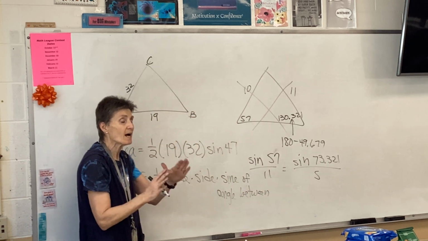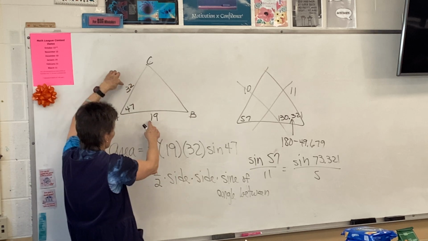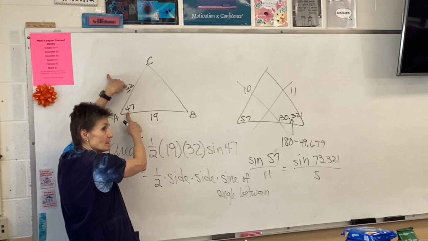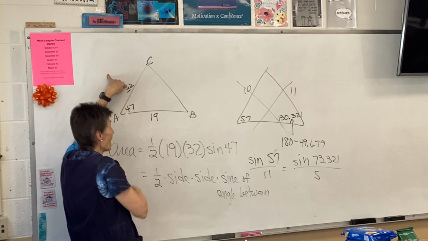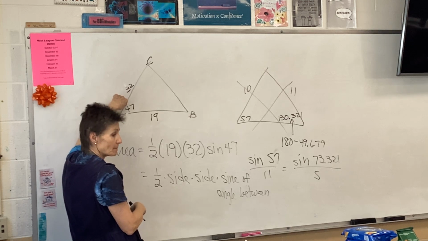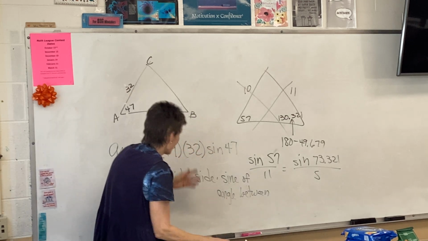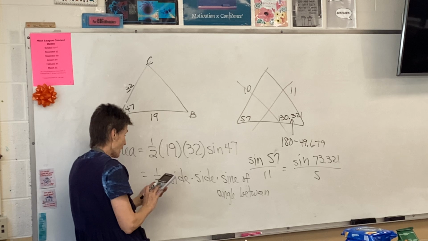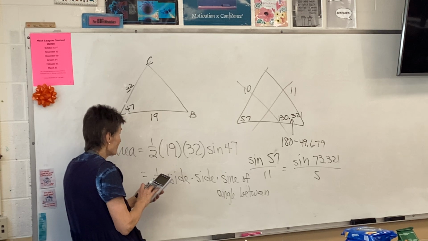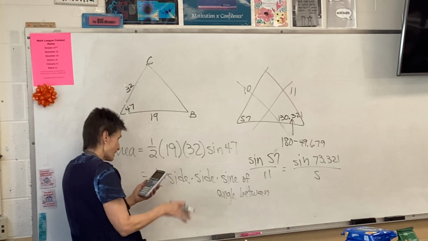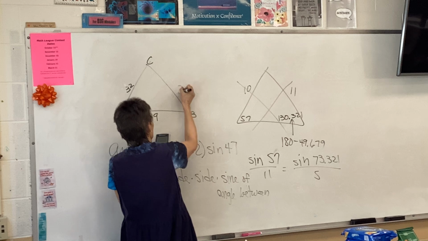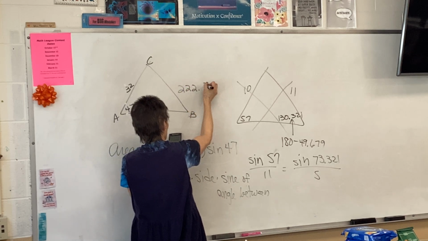So anytime you know two sides and the angle in between, no work. 1/2, that, sine that. Every time. So I'm just going to type that in on my calculator. 1/2, side, side, sine 47. Did you get 222.332?